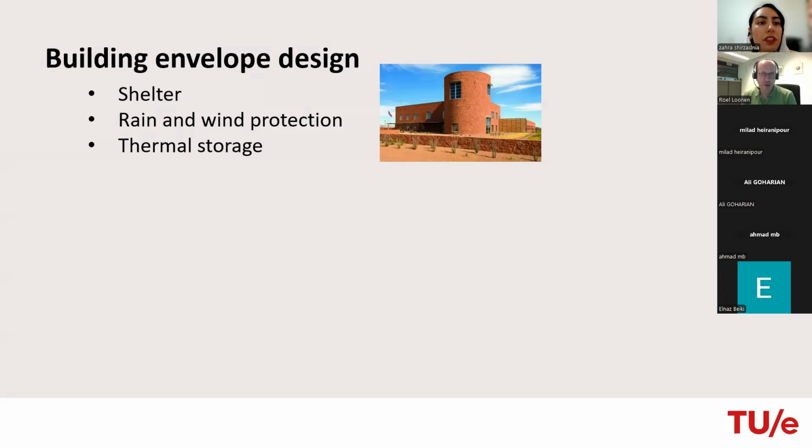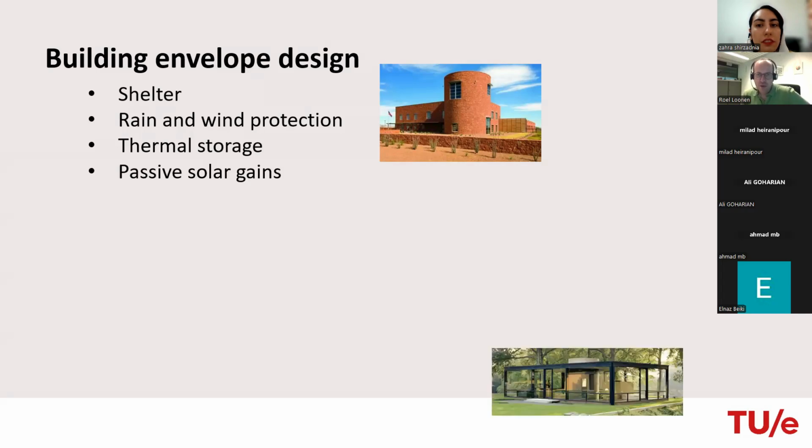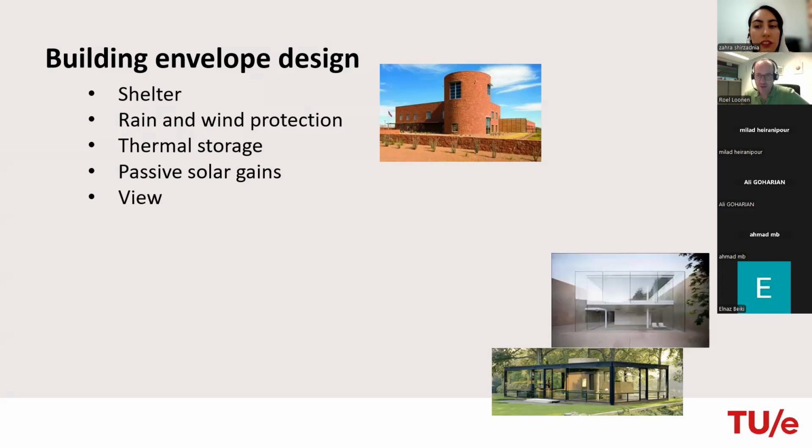So for these three criteria, maybe we want to build something like a castle or a fortress, maybe. But if it comes to admitting passive solar gains to reduce heating demands in winter, then we may end up with something like this.